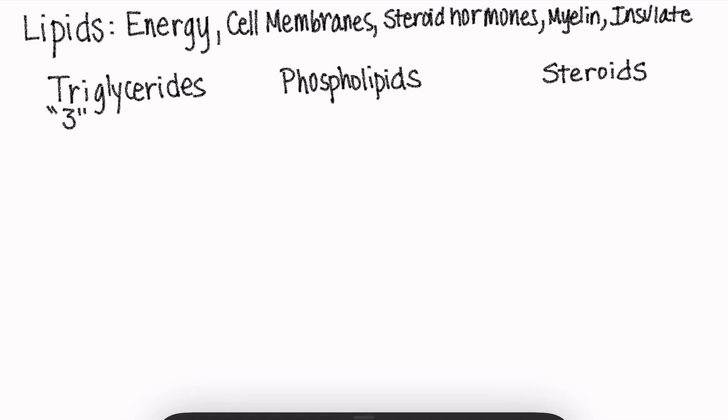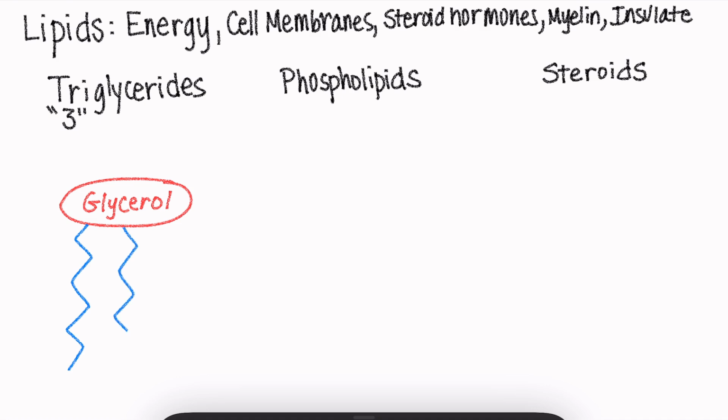The structure of a triglyceride is that it has a glycerol head, and that has some carbons, oxygens, hydrogens in it. And then it has three fatty acid tails, like this. One, two, three fatty acid tails.